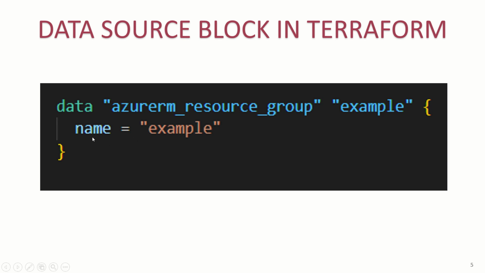And then we need to pass certain parameters that are mandatory for data. So from where will we get this syntax? We'll go to registry.terraform.io and search for the data block related to that particular resource. We'll copy that code and then incorporate it into our Terraform configuration. So in this way we declare a data source block.